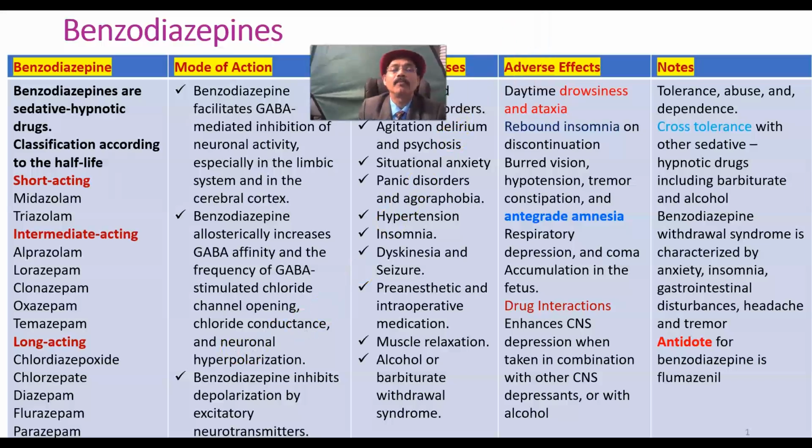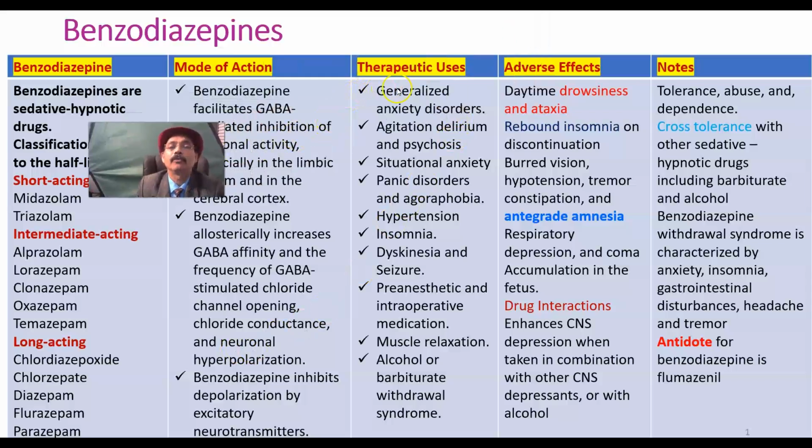Therapeutic uses. There are many therapeutic uses: generalized anxiety disorder, agitation, delirium, and psychosis. Situational anxiety, where some people become anxious in certain situations.